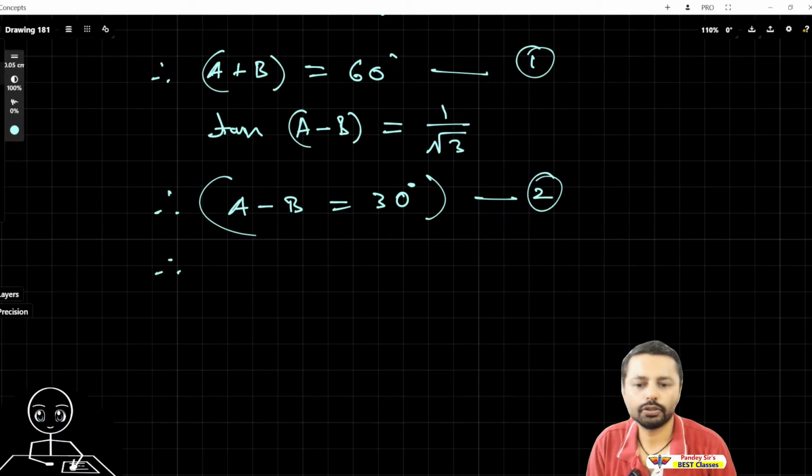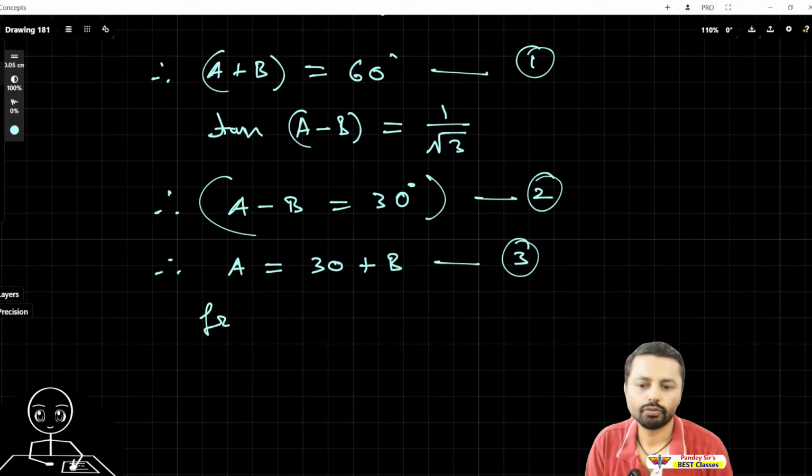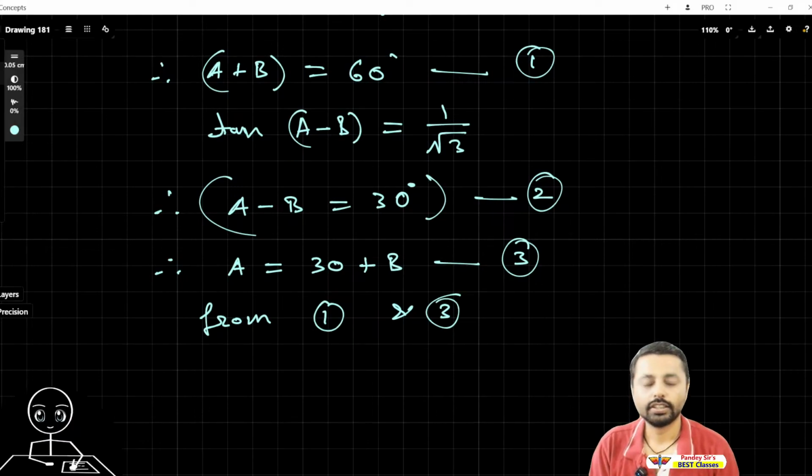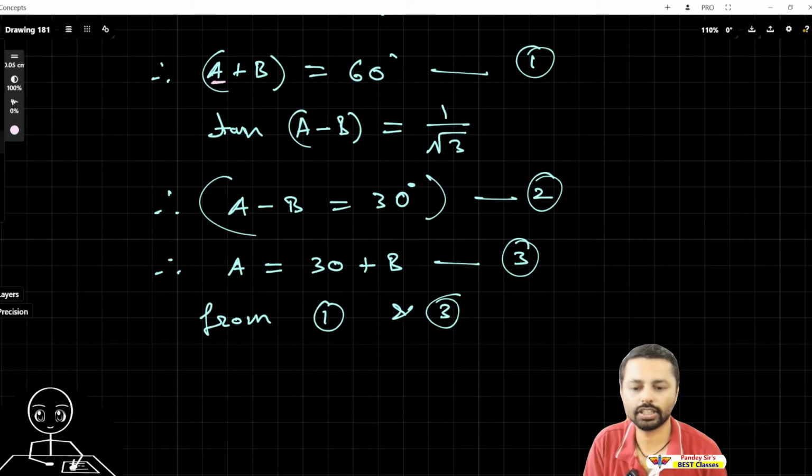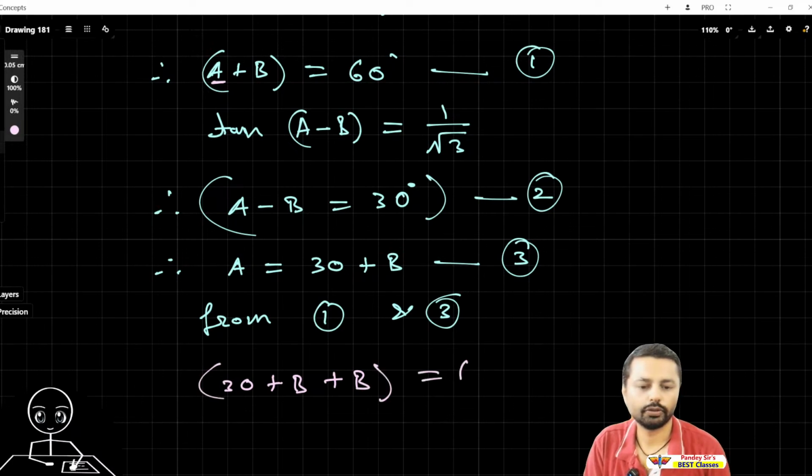From this one you can also get A equal to 30 plus B. Okay, now this is equation 3. From 1 and 3, what you have to do is substitute the value of A. So instead of A, where A was written, I'll write 30 plus B, plus B equal to 60.